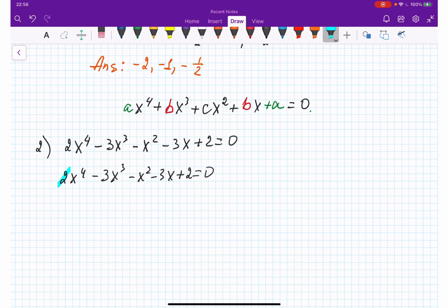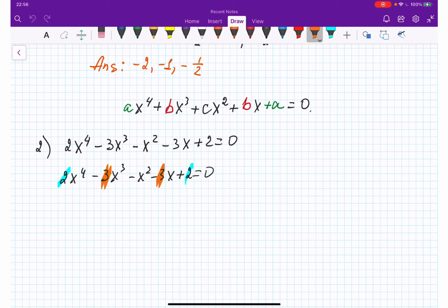It's the coefficient of x to the 4, and the same a we have as the free term. Now our b is the coefficient of x cubed, and the same b is the coefficient of x. And pay attention, both of them are negative. If b is negative, then it has to be negative everywhere. If a is positive, then a has to be positive everywhere.